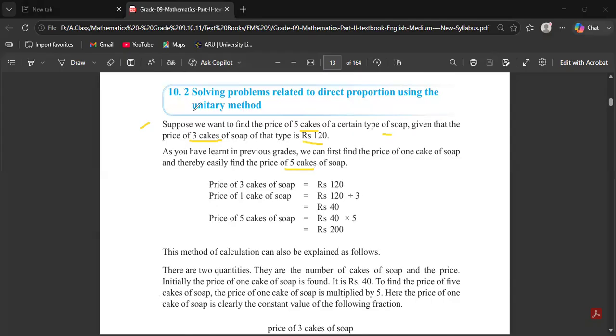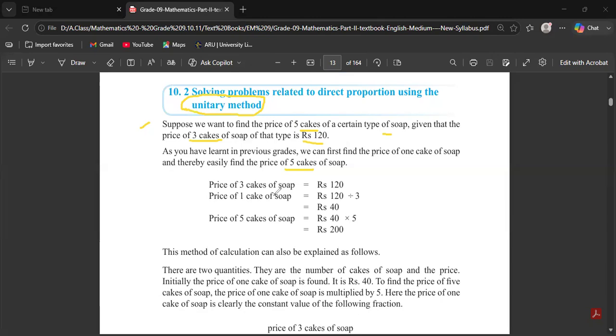So, unitary method. When you remember the name of the method, you can remember the whole theory. Unitary means you have to find the value for one item. Then you can multiply it by the required amount.